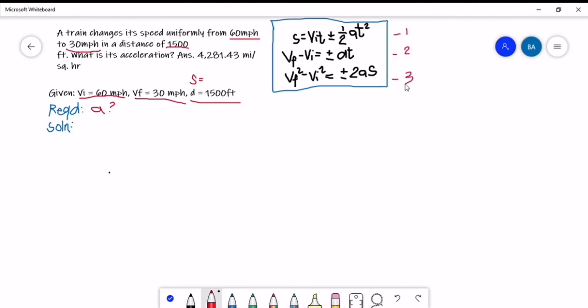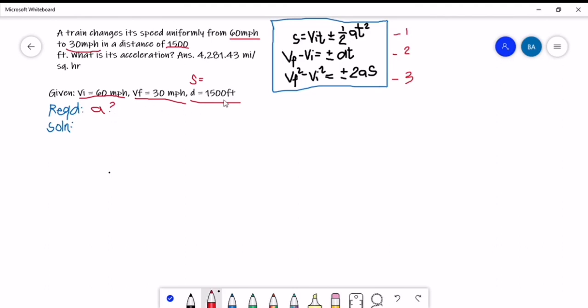Based on our given, what would be the equation that we will be using? By inspection, we have v sub i, v sub f, and our displacement. Let's find the equation that fits these givens in such a way that the only unknown is the acceleration.